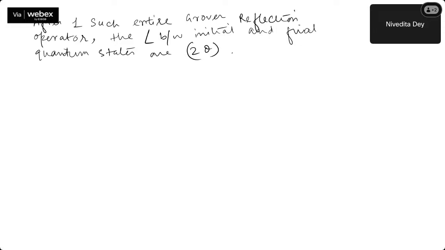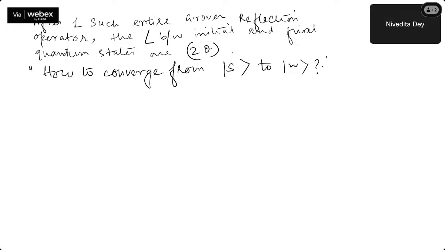Okay, so the question is, the initial superposed set of states will contain say 100 states, out of which 99 are not desirable and 1 is the ideal state. Our objective is, through this rotation operator, how easily and how fast we can converge from S, the set of superposed states, to W, the marked or desired state.